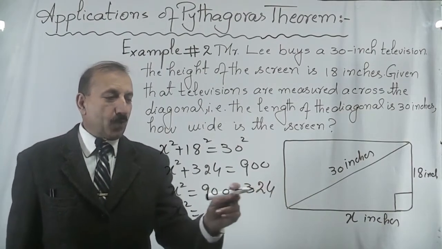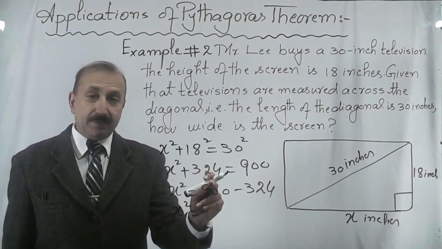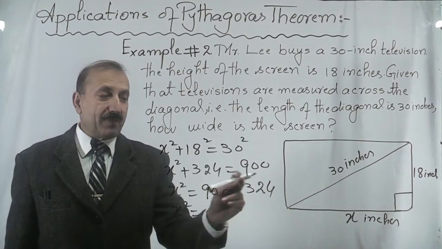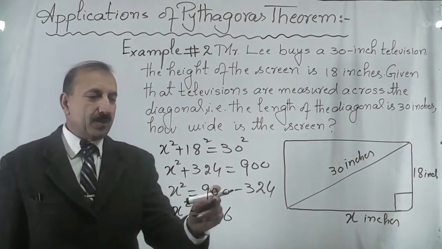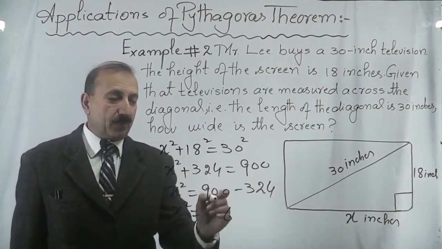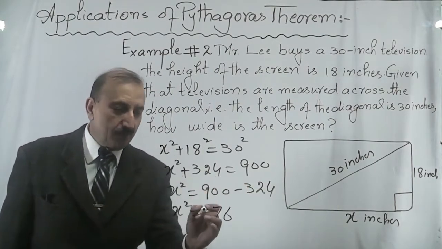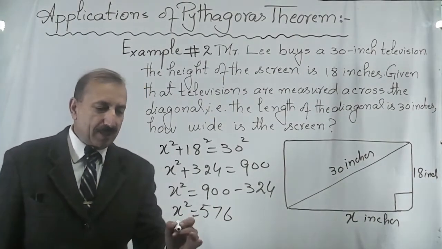Subtracting 4 from 10, if we borrow 1 from here, remaining 8, 10, borrow from here is 9, and from this 10 when we subtract 4, we will get 6. And here is 9. When we subtract 2 from 9, we will get 7. Here is 8. When we subtract 3 from 8, we will get 5. So x square is equal to 576.